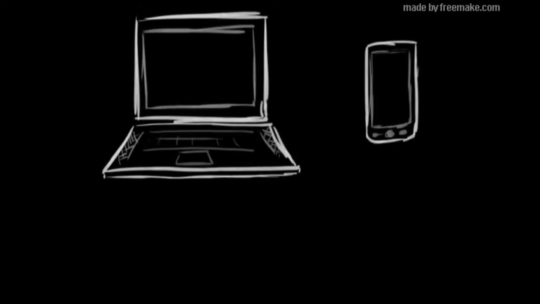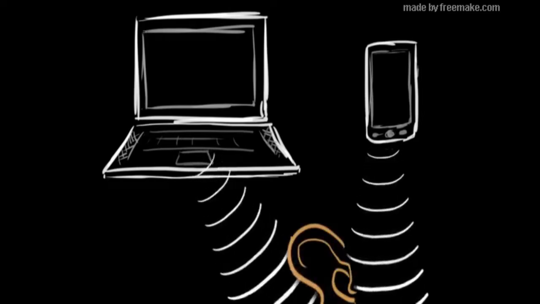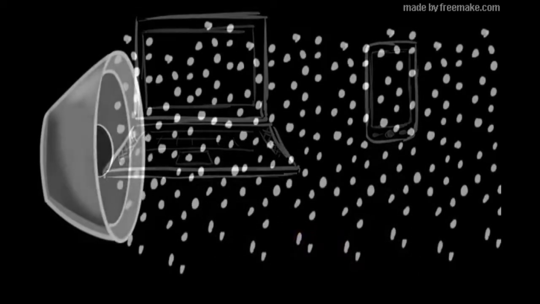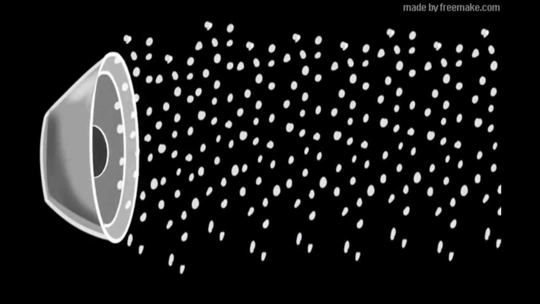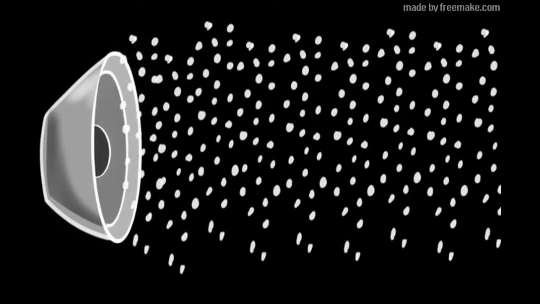How are you listening to this music right now? Well, you might know that your speakers are creating sound and your ears are listening to it. But there's a lot more going on over here. You see, all your speakers are doing right now is vibrating the particles of the air close to it.